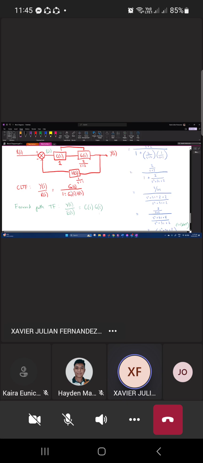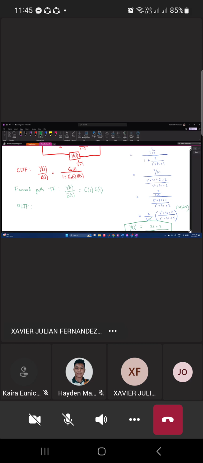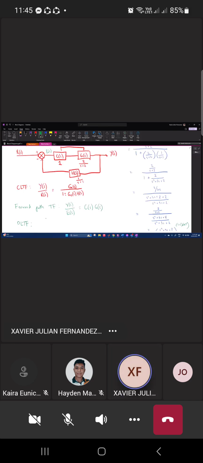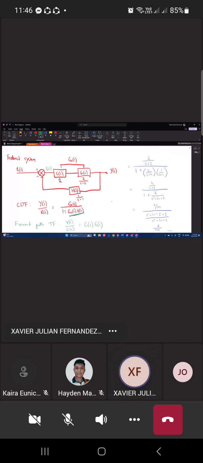We also have the open loop transfer function, which is the product of G_e(s) times H(s). Sometimes the open loop transfer function is also called the loop gain. Usually, what we solve is the closed loop transfer function.